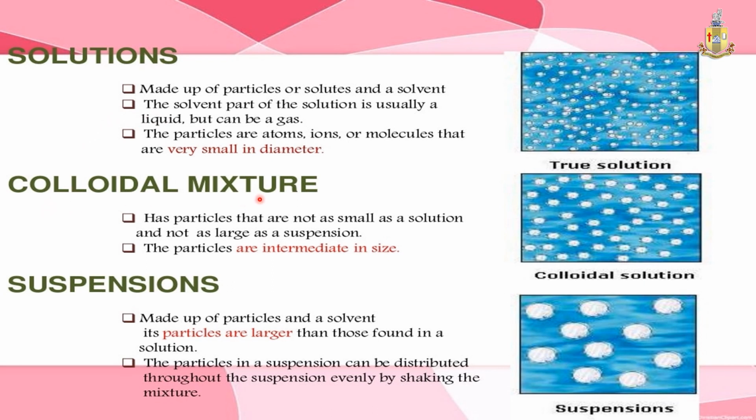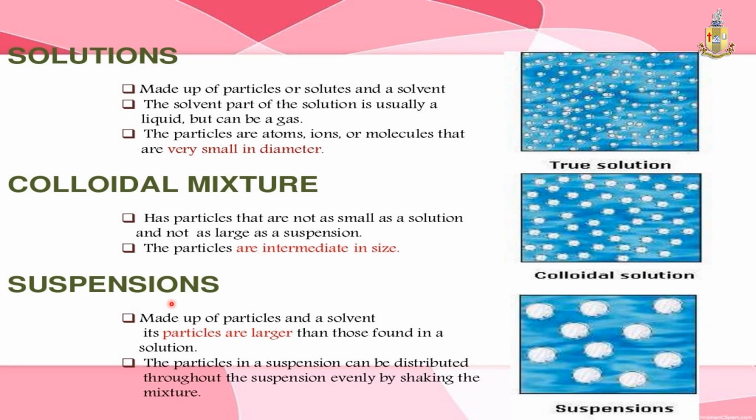The second one is a colloidal mixture. Here the particle size of the solute is a little bit bigger than the particle size of solutes in solutions. So the particle size is intermediate. It is neither too small nor too large.